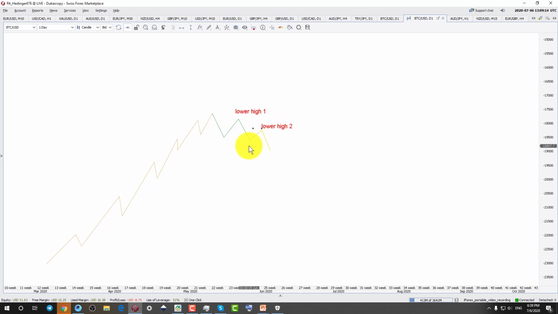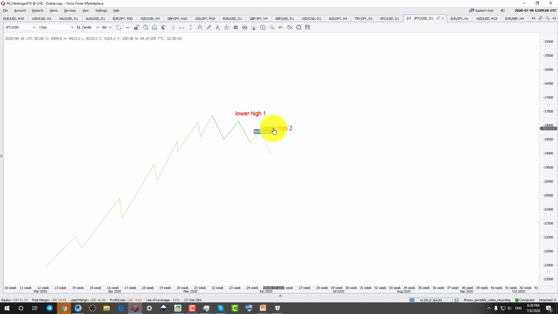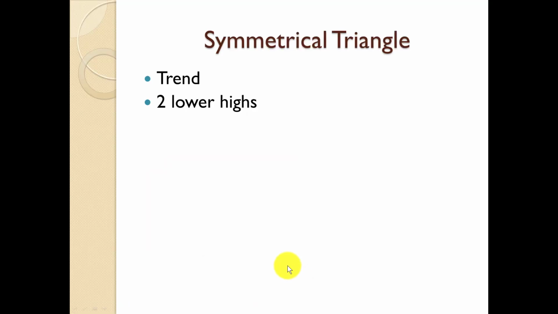Okay, so now we have got first requirement, that was the lower highs. Two lower highs was the requirement. Then let us see what we need. Then what we need are two higher lows.